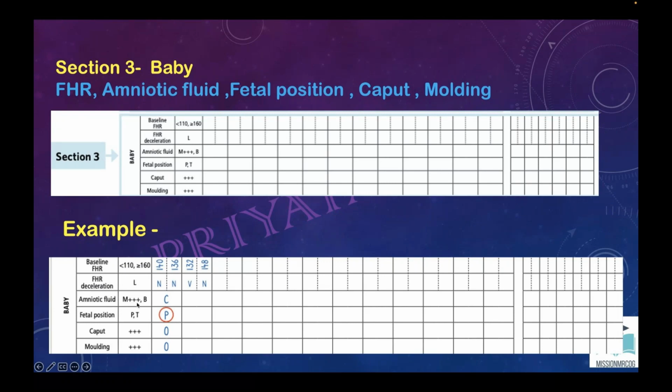Okay, these are the alert parameters. They find it clear, fine, we are happy. Fetal position alerts are posterior and transverse. What they found is posterior, so it is an alert, so they put a red circle. Caput 3 plus, ideally, I don't know why they put 0.